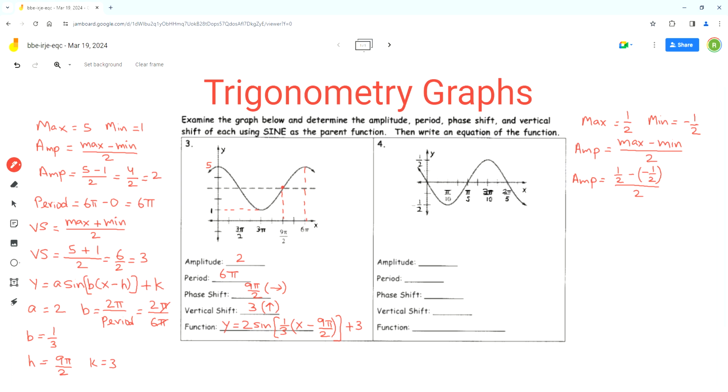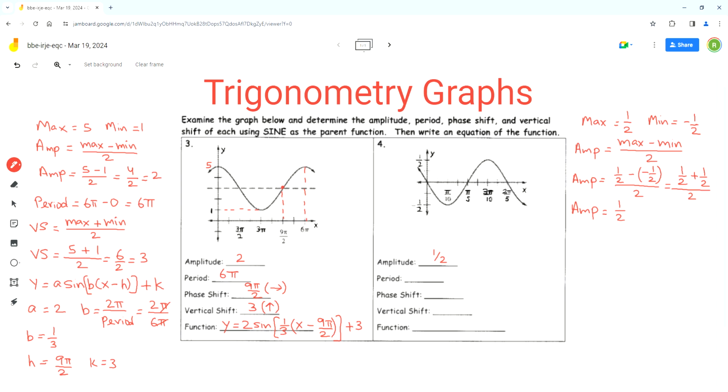In the numerator, we get half plus half because the two negative signs become a positive sign, and half plus half is equal to 1. So the amplitude is 1 over 2. Now we can calculate the period, and the period is the length of one full cycle.